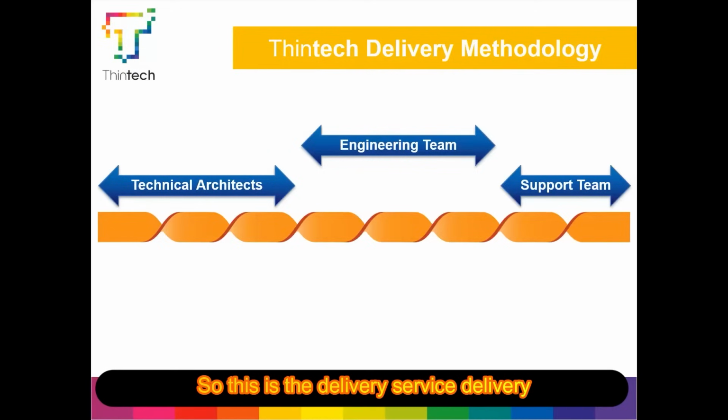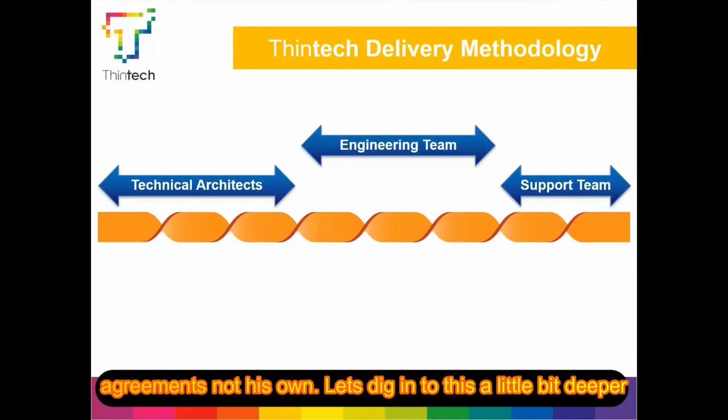So this is the service delivery manager, the networking guys, the security team, and the key business owners and your key stakeholders. It's the architect's role to make sure that he designs the systems based around your internal service level agreements, not his own.